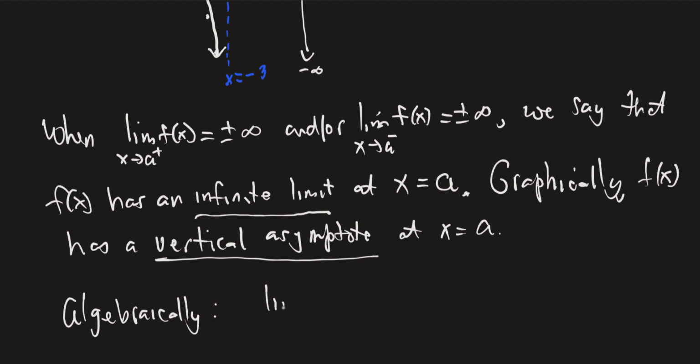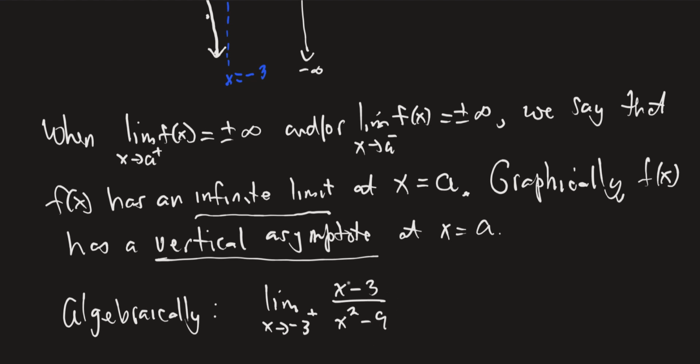Well, let's see. It's the limit as x approaches -3 of, let's do the one-sided limits first. And the function is x minus 3 over x squared minus 9, right?